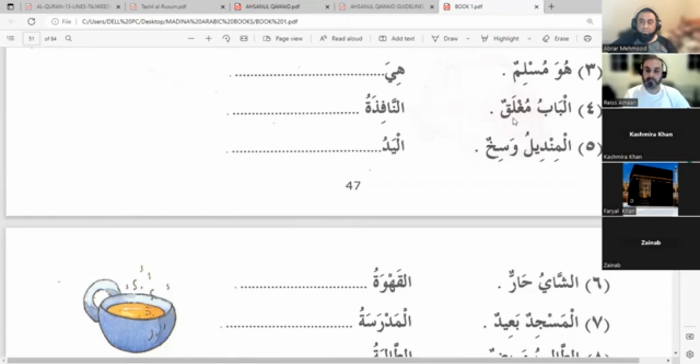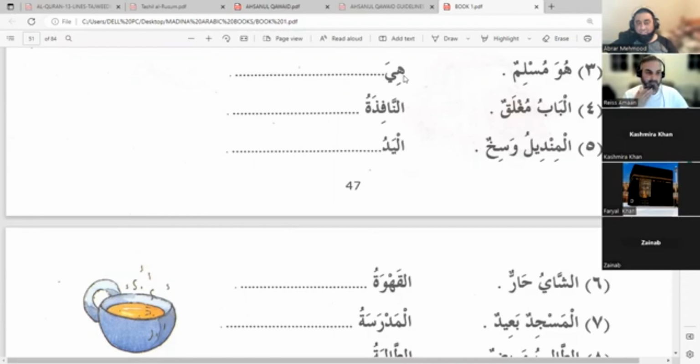I don't know this. So try and make this word into a feminine word. That's all that has to be done. An-nafizatu mughlaqatun. Good. Would you like to translate? Mughlaqatun. I don't know what this mughlaqatun means.